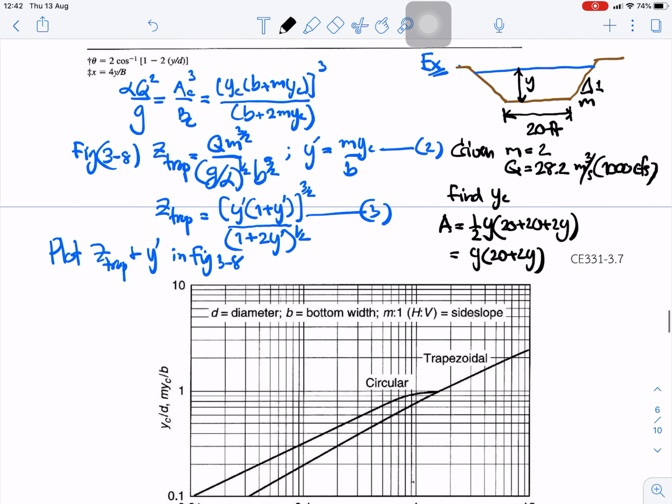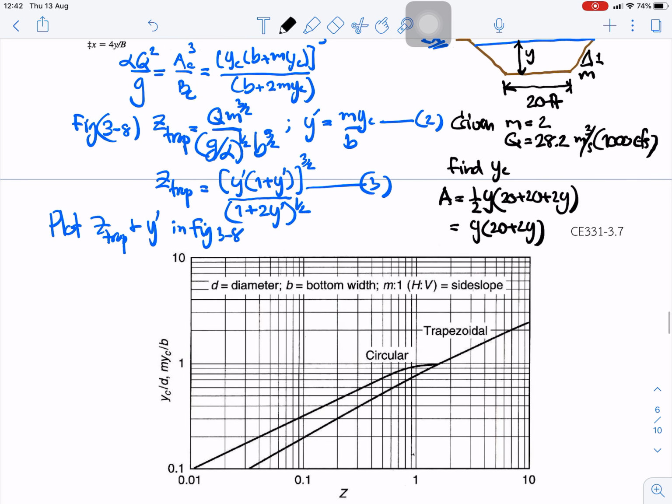Okay, we use two methods. The first, we try formula 1. This is equal to 1.